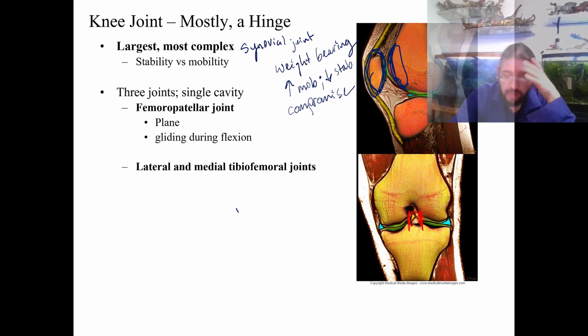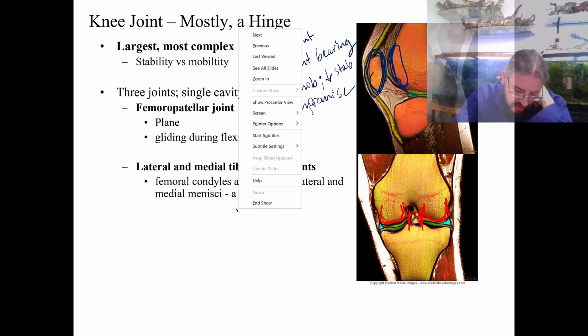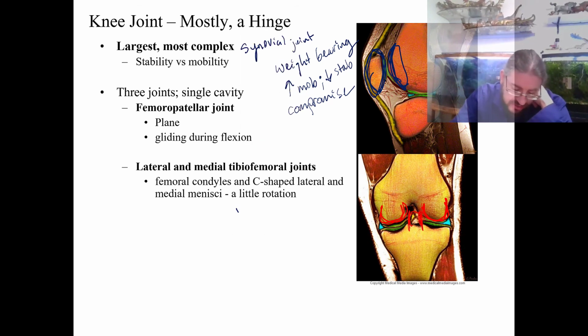So this is where we have the lateral femoral condyle and the medial femoral condyle. So condyle, condyle. And these join up with the C-shaped medial menisci and the lateral menisci. And those are the little cartilaginous pads that help make a little cup shape.